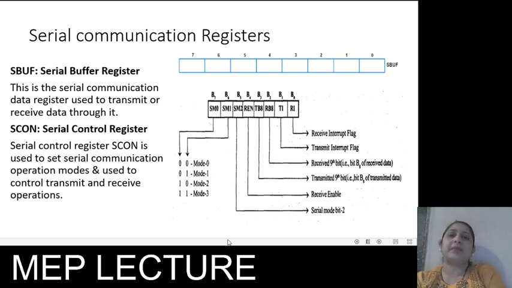Then the next bit, B5, is the SM2 bit, serial mode bit 2, which we are not using in the 8051. We use the SM0 and SM1 bits to decide the modes for serial communication, that is mode 0, mode 1, mode 2 and mode 3.